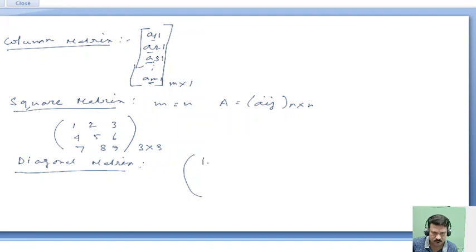We may write 1, 0, 0, 0, 2, 0, 0, 0, 3. We observe that only the diagonal elements are present here. All the other elements except the diagonal elements are all 0.